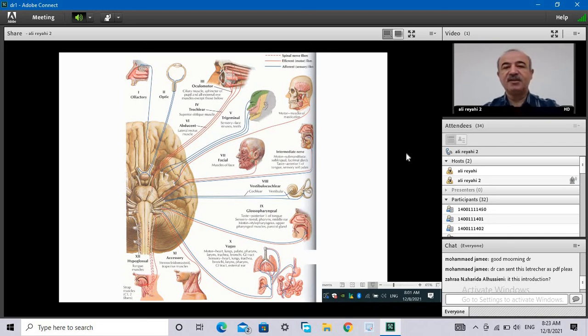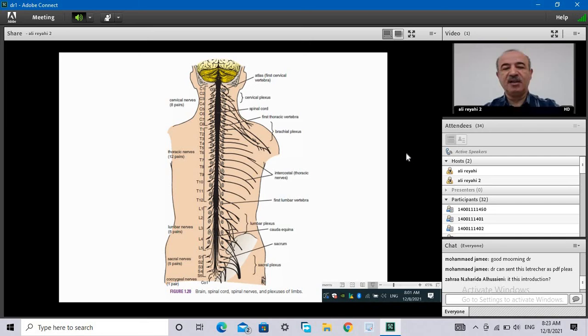So this picture shows the cranial nerves, and this picture shows the 31 pairs of spinal nerves. The spinal cord can be divided into 31 segments, and each segment has 1 pair of nerves.